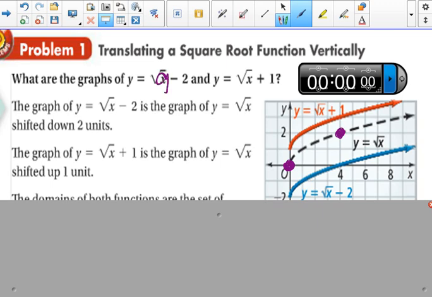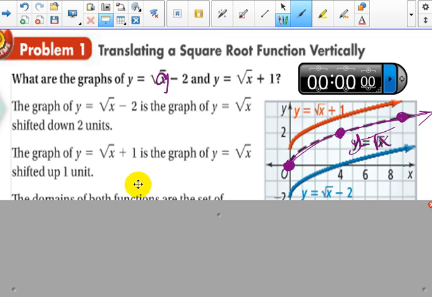So over 9, up 3. So that's a pretty good idea of how this is going to look. And remember, it's half a parabola, so it's got a curve to it. So there's my parent function, y equals square root of x. And that's how it's always going to look.